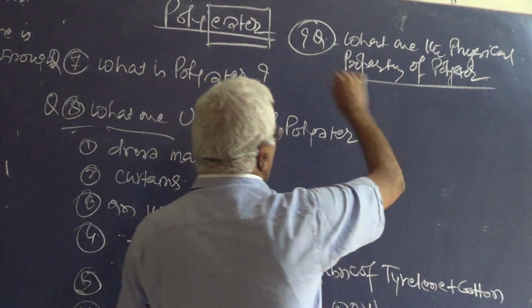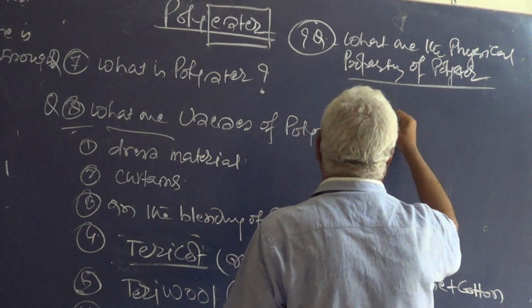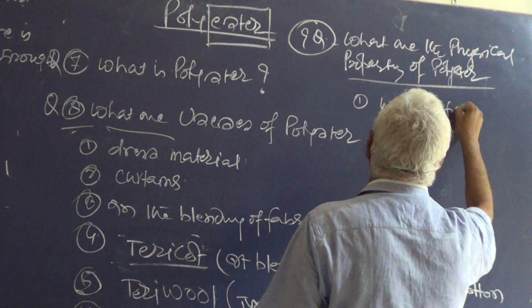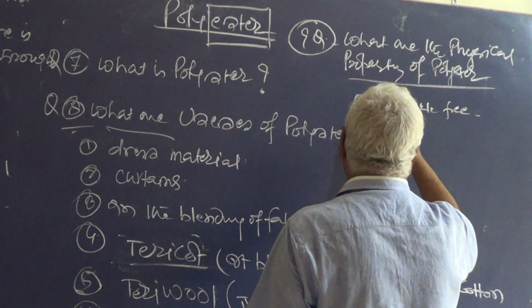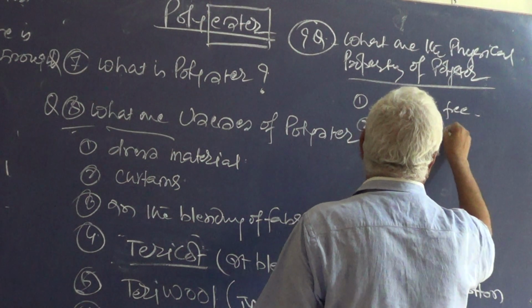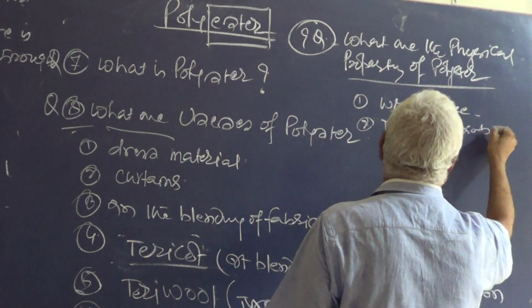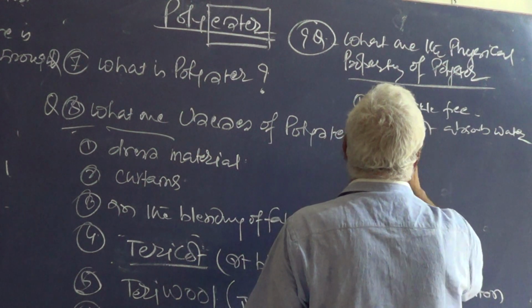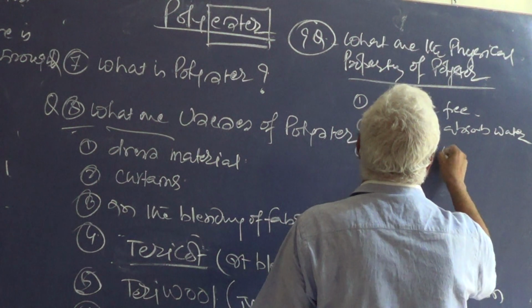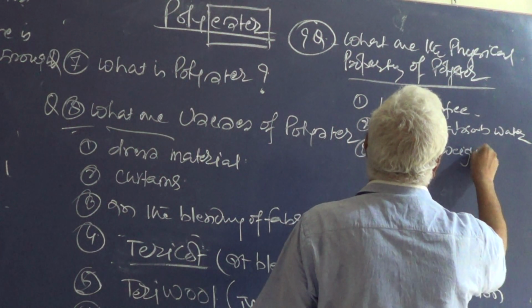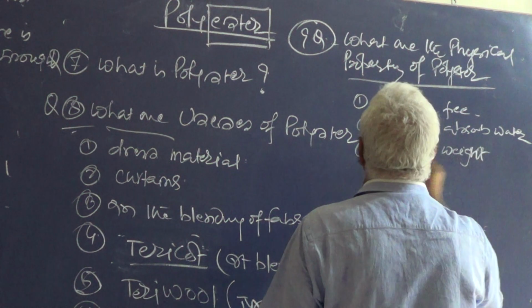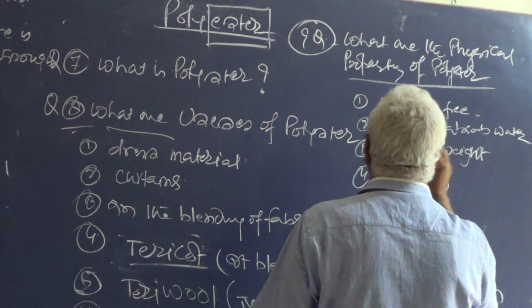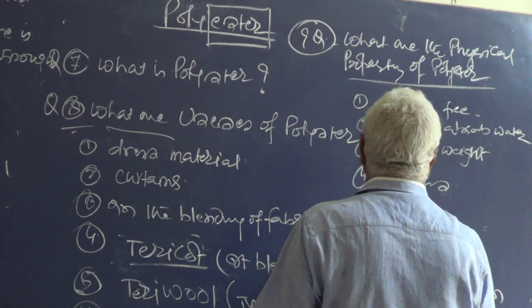Now physical property में जो similar property लिखेंगे: wrinkle free, do not absorb water, light in weight, lustrous, stronger.